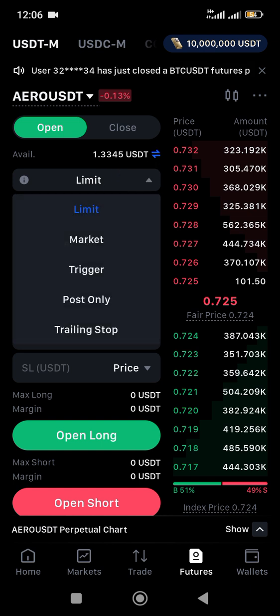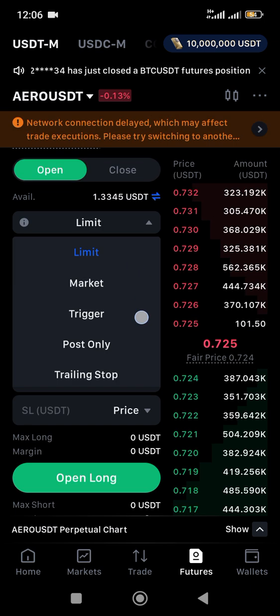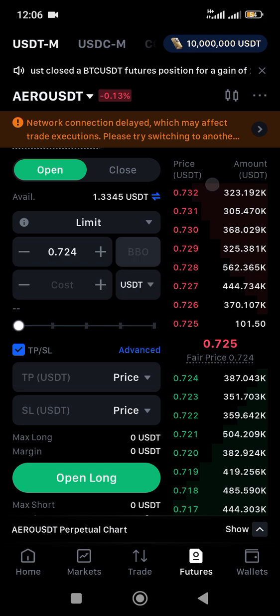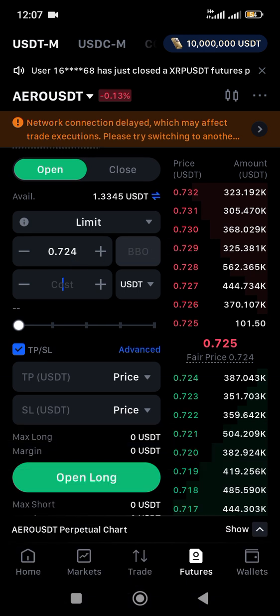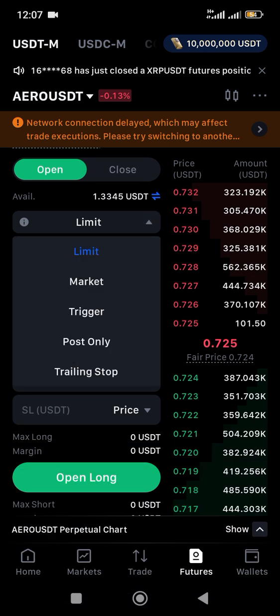Just click on it and it will bring up all the order types for you. Here we have limit, market, trigger, post only, and trailing stop, but the order types we are looking at here are limit and market.